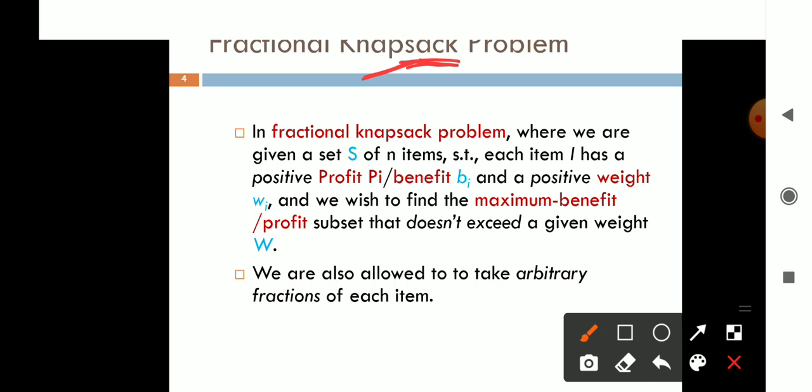The bag should be full, but when we are putting objects into the bag, it should not exceed the limit. Suppose our bag has a limit of 10 kg.